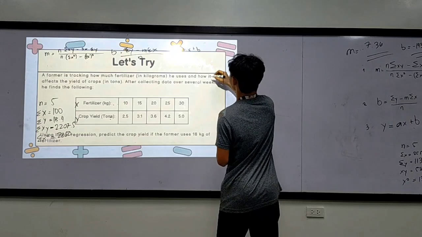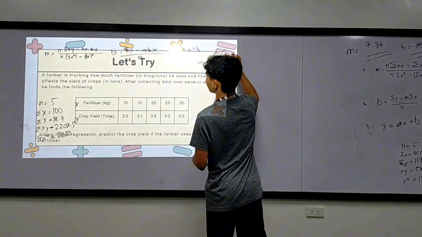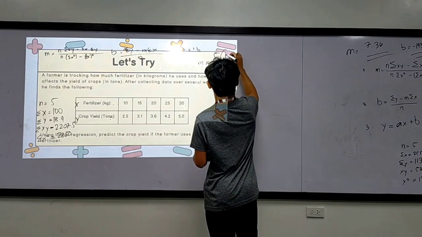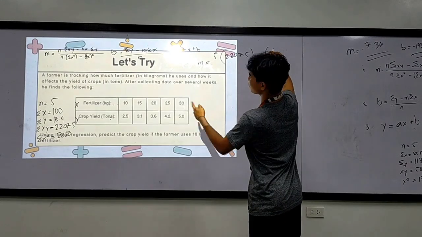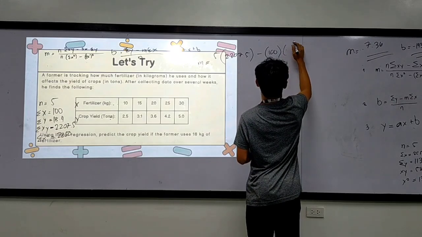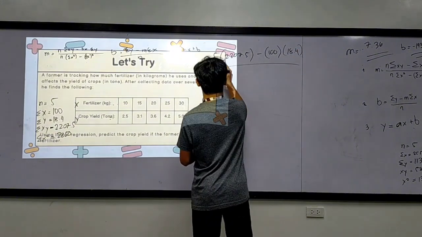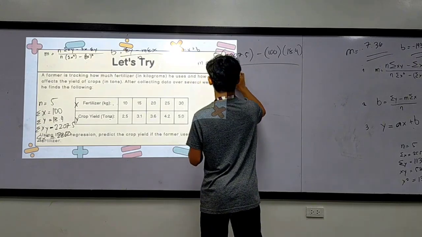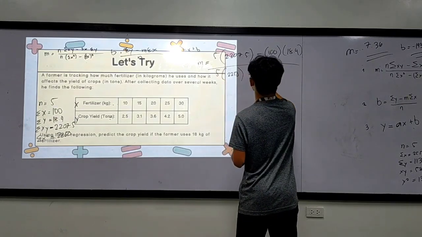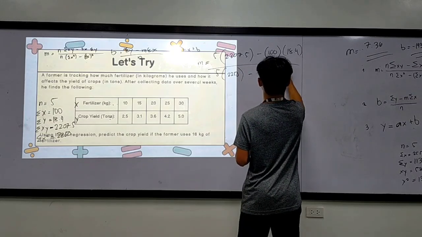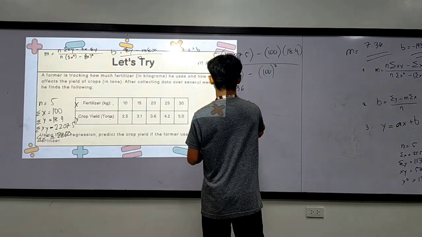So m is equal to n, so 5, multiplied by xy, which is 2207.5, minus x, which is 100, times y, which is 18.4, over n, so 5. Then x squared is 2250 minus x, 100, squared. So the answer for this one is 7.36. So this is the m.